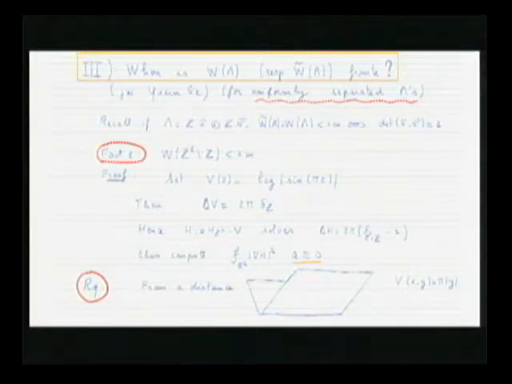First you set V of z equals log of sine pi z. This is a solution to this equation, you can check. Hence, if you define H to be the periodic solution for the square lattice minus V, then you get a solution of this equation, and then you can compute this quantity and check that it's finite. It's not very complicated.